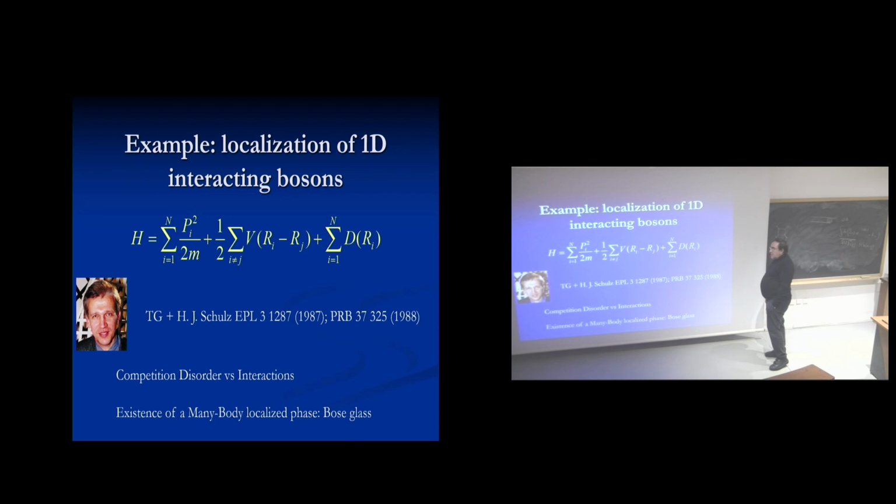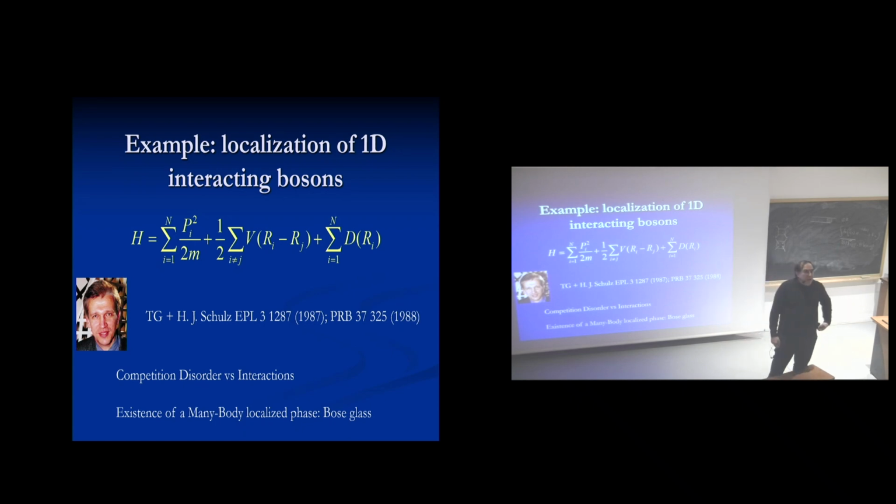And the answer is very interesting. Again, 1D behaves in a very interesting way. You know that if you have free particles, any amount of disorder in 1D gives you localization. It transforms the plane waves that exist for free particles into exponentially decreasing propagating waves.